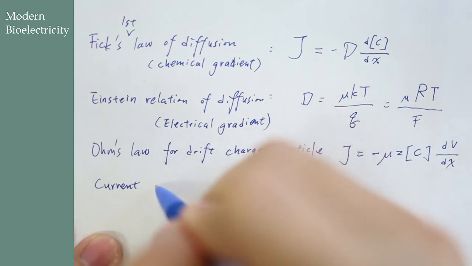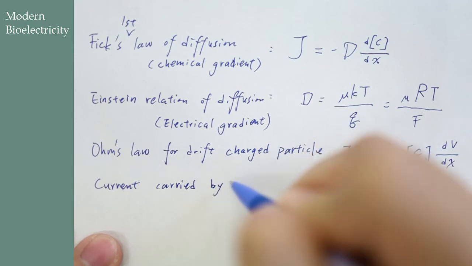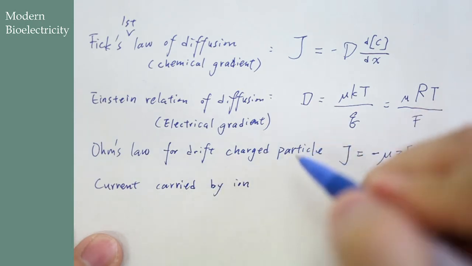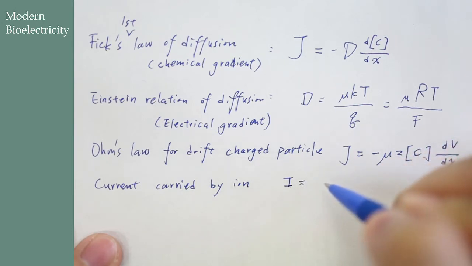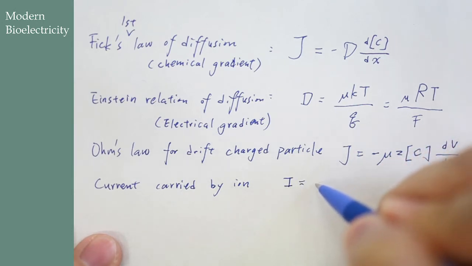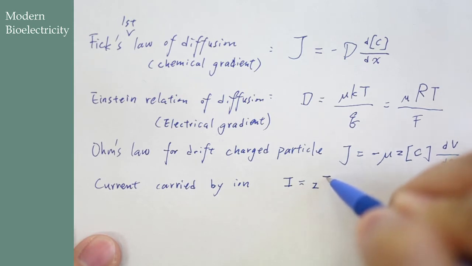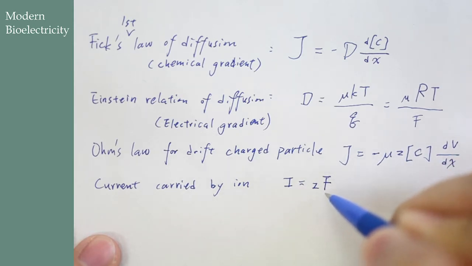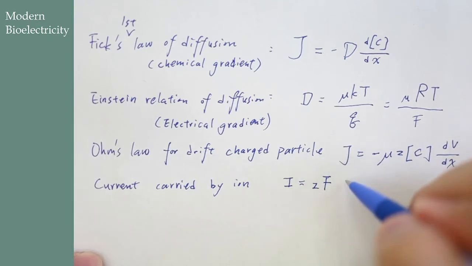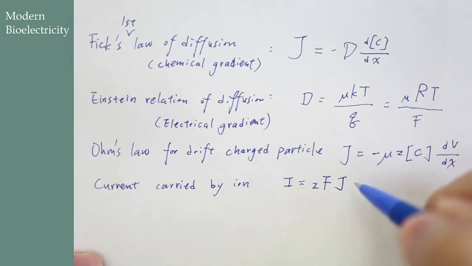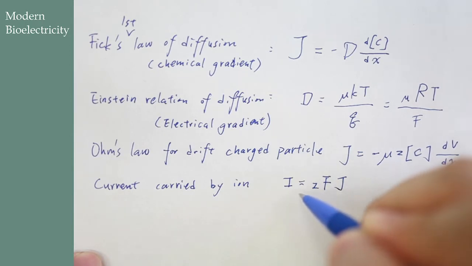The current carried by the ion is equal to the valence of this ion times the Faraday constant, a mole of this ion, and we have how much current flows through this.